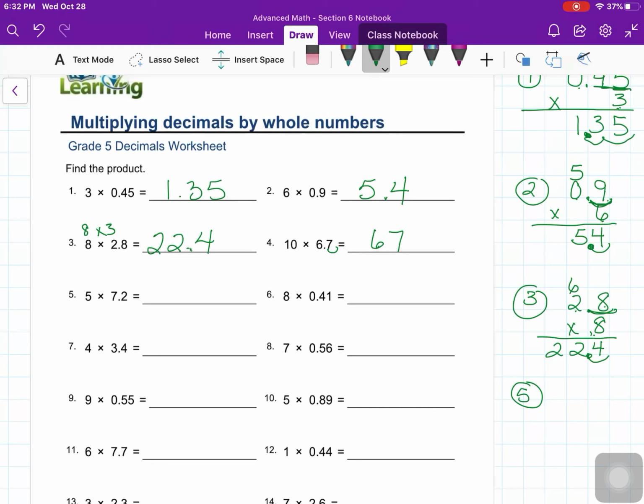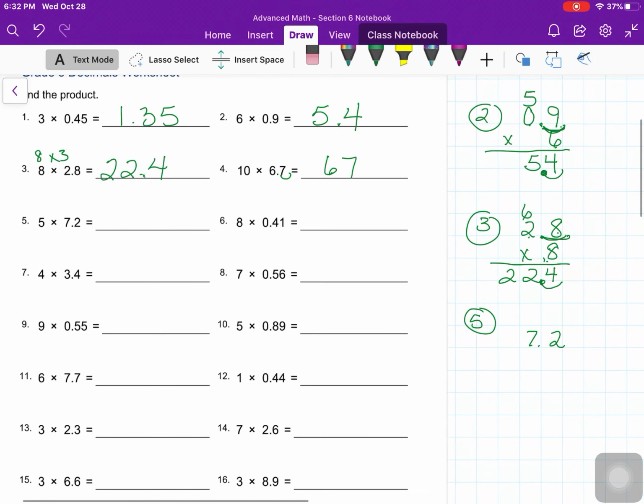And we've got 5 times 7 and 2 tenths. Move that over here just a little bit. I'm going to put the multiply 5 on the bottom. Start on the right hand side. 5 times 2 is 10. 5 times 7 is 35, plus 1 more is 36. So I've got to decide where I'm going to put that decimal point.